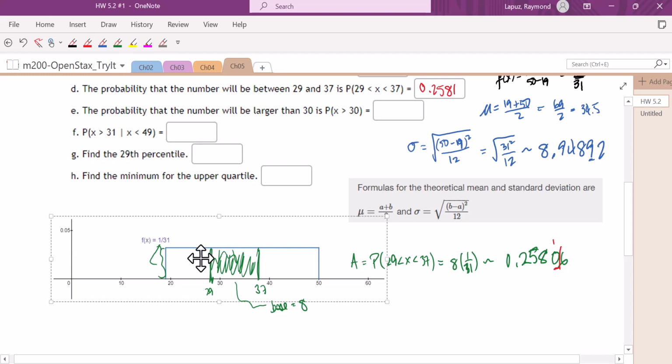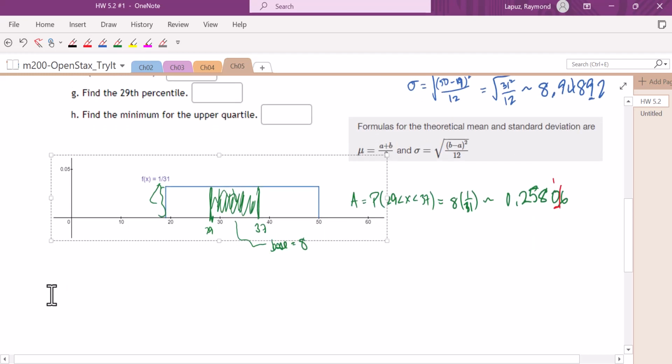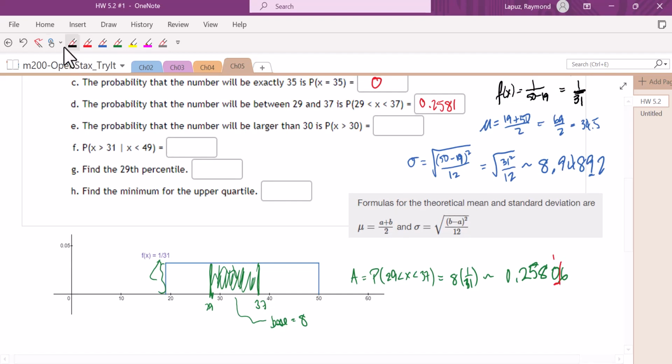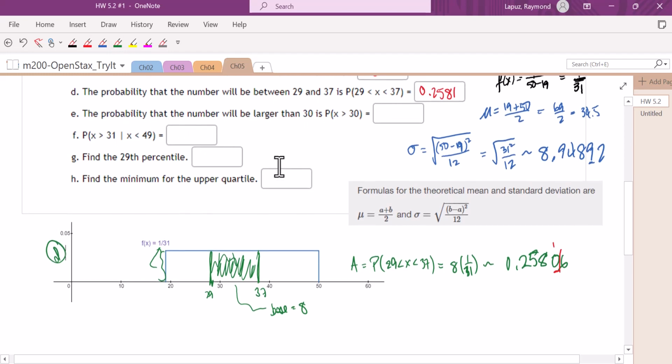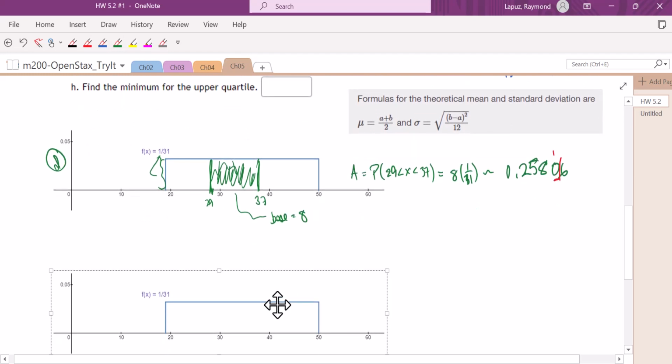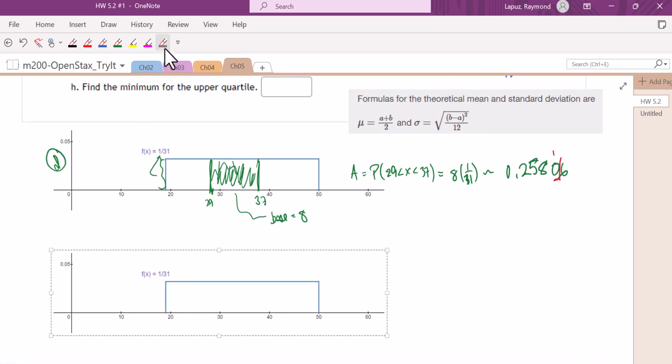Okay, that was question D, and now let's go to question E. Find the probability that x is larger than 30.